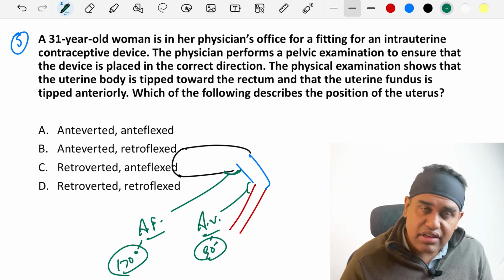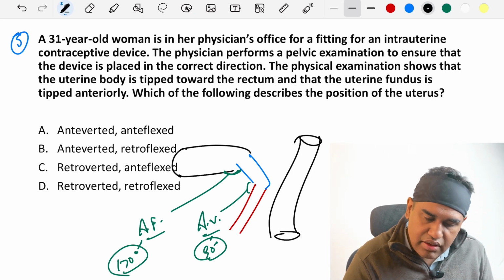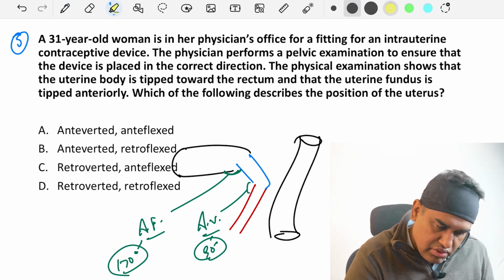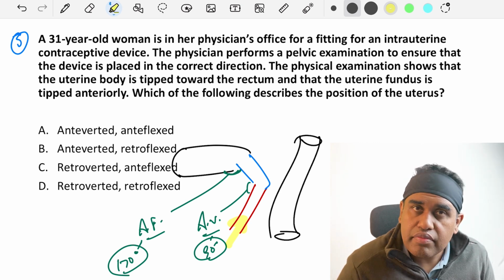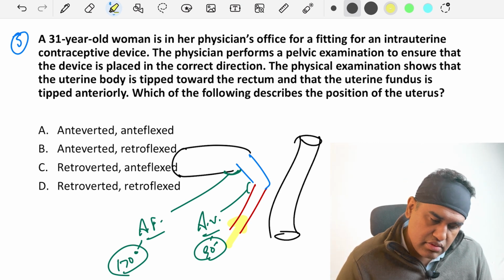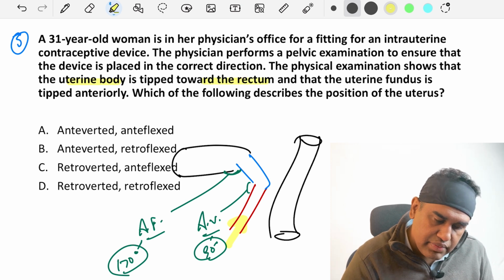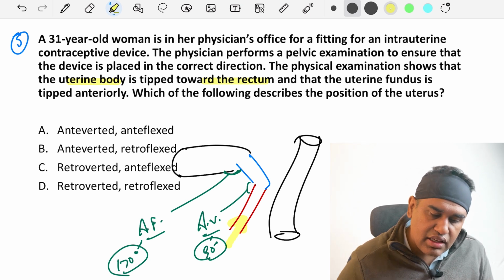Now, where is the rectum? The rectum normally lies behind over here, in the rectouterine pouch. This is the normal thing, anteversion, anteflexion. Now, during a PV examination, suppose it was performed through the vagina. The examination shows that the uterine body is tipped towards the rectum and the uterine fundus is tipped anteriorly.